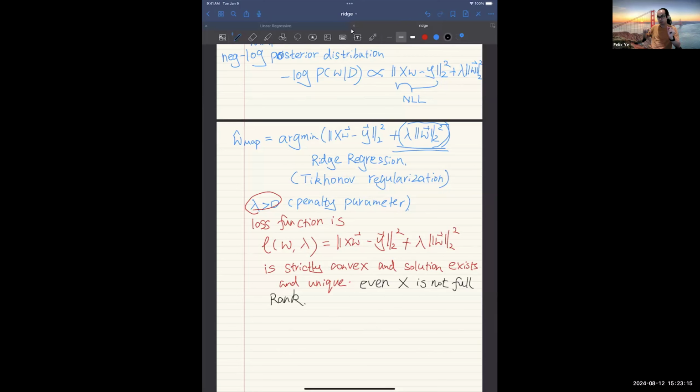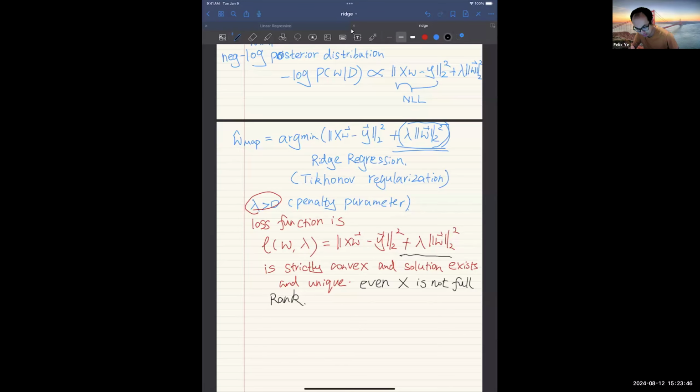Previously, in linear regression, if X is not full rank, then the loss function without this term is not strictly convex, and the solution may not be unique, because we're trying to work with the inverse of X transpose X. If X is not full rank, then X transpose X inverse doesn't exist.